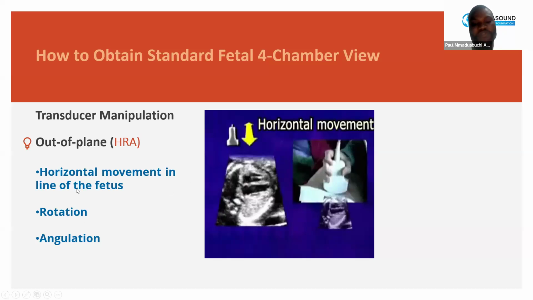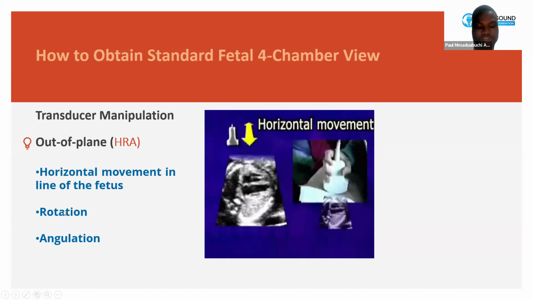So your horizontal movement helps you to move from one view to the next view. And the rotation of the transducer can also help you to visualize your left ventricular outflow tract.